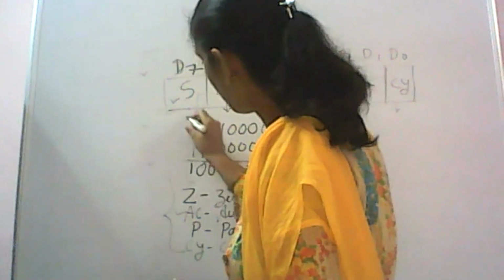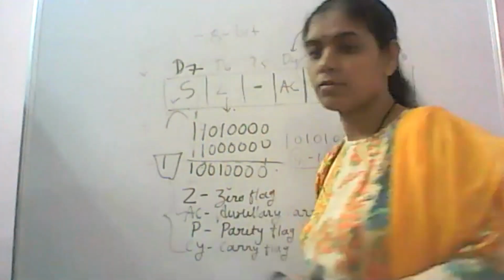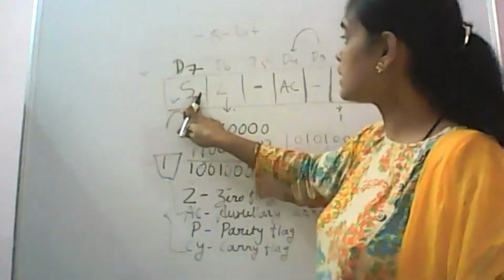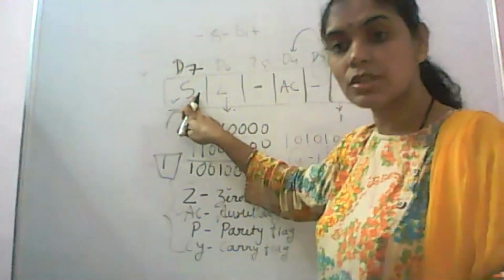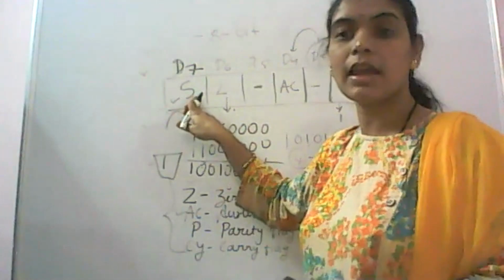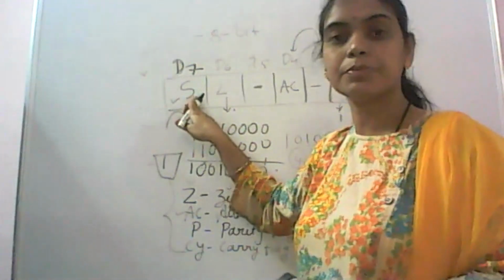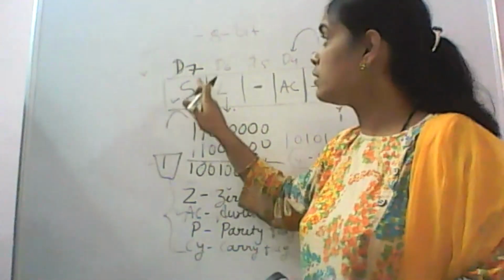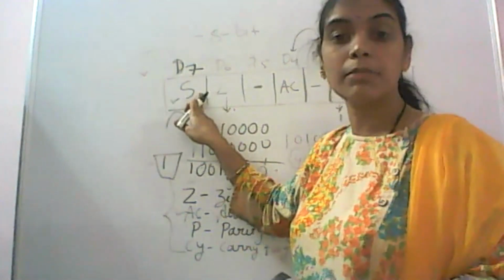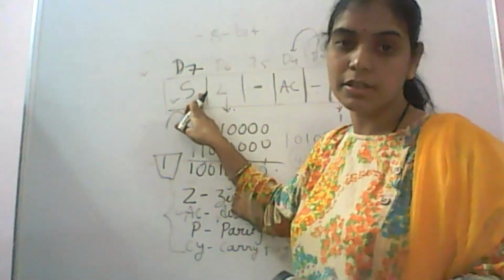One is result, one is carry. After D7 bit carry is generated, that time carry flag is set. Okay. When after the D7 bit carry is generated.